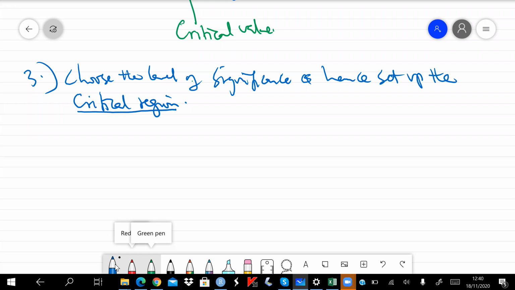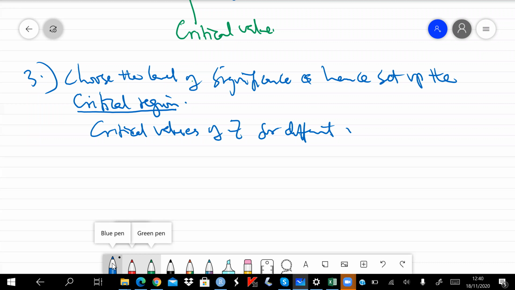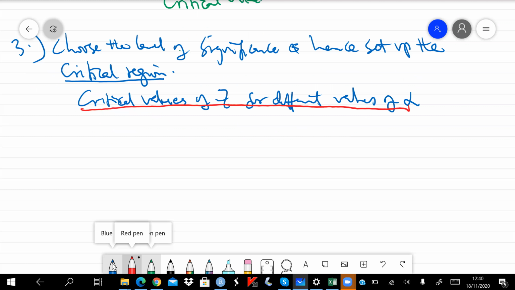So let's summarize that. Critical values of Z. Let's have a table here summarizing critical values of Z for different values of alpha and also different types of tests, either the upper tail, lower tail, or the two tail test.